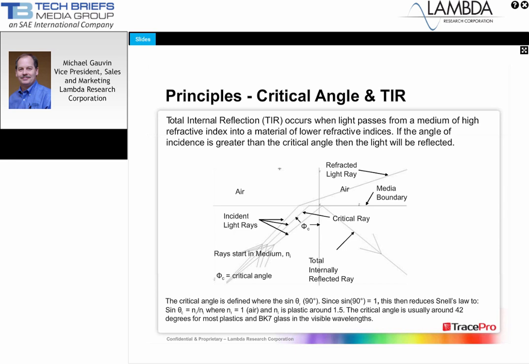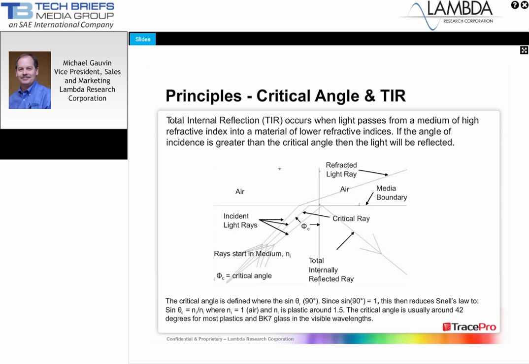There are some other things that can help us along with our LED lens design, and they include being able to use the critical angle to keep light 100% reflected off of surfaces and send it where we want. And of course, this critical angle allows us to do total internal reflection. TIR occurs when light passes from a medium of high refractive index into a medium of lower refractive index, so glass or plastic into air.